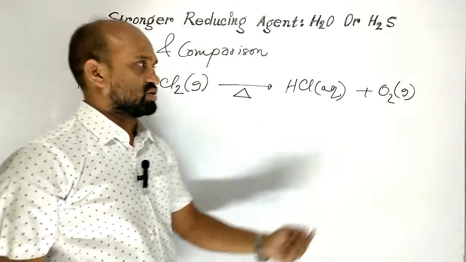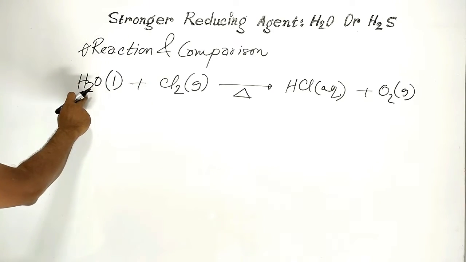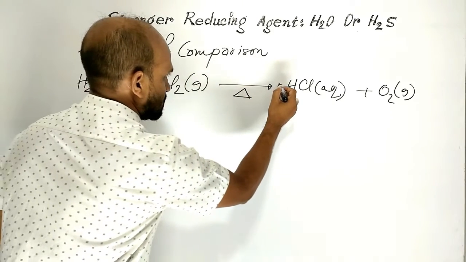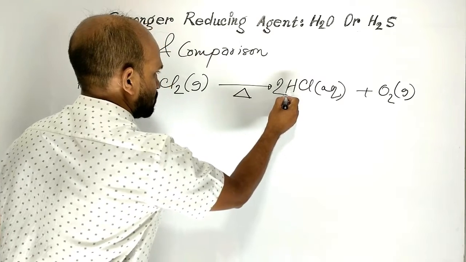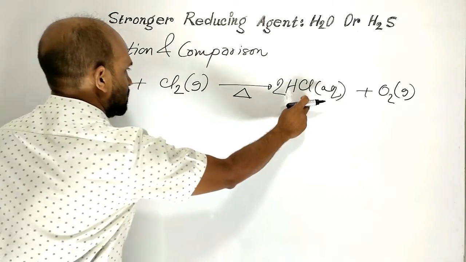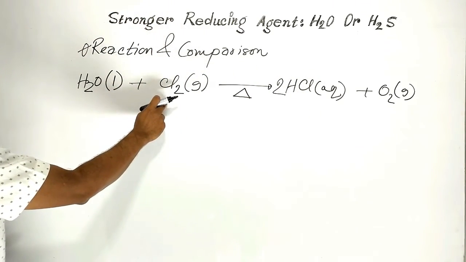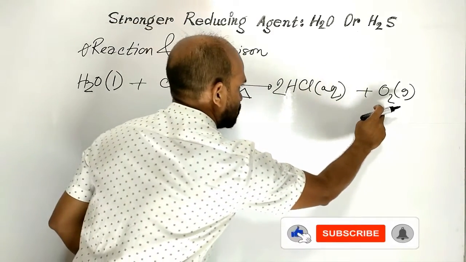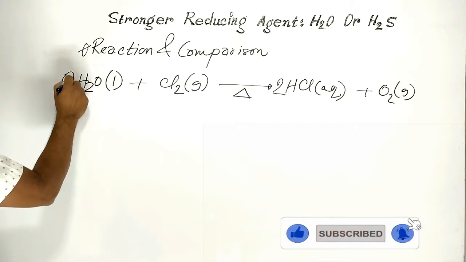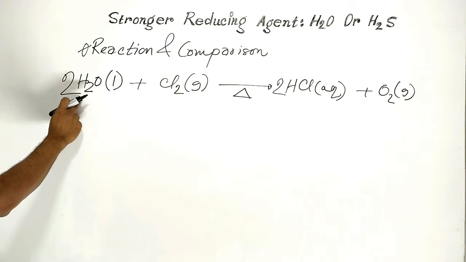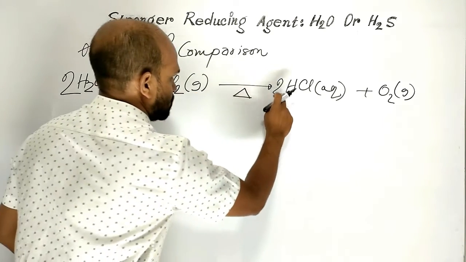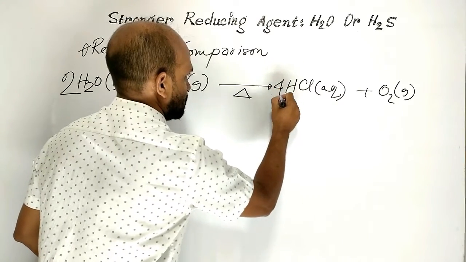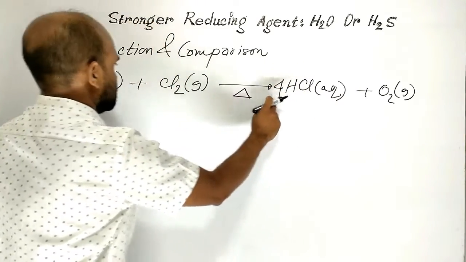Let's balance the reaction. 2 hydrogen atoms, here 2 hydrogen atoms, 2 chlorine atoms, here 1 oxygen atom, here 2 oxygen atoms. It should be 2, then 4 hydrogen atoms. It should be 4 chlorine atoms.